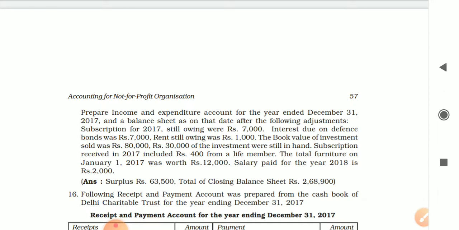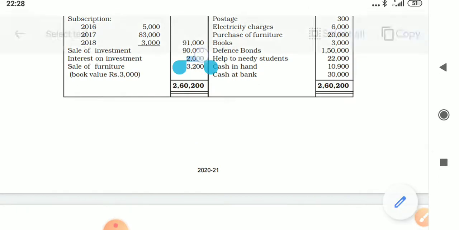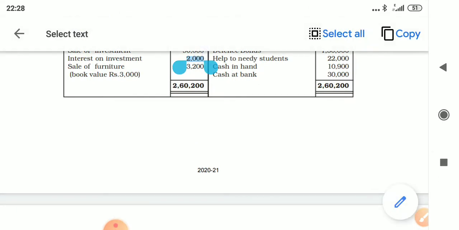Subscription, interest due on defense bond, rent still owing, the book value of investment still in hand, subscription, total furniture, salary paid. Okay children, nothing regarding this interest is given in the adjustment. So this interest on investment 2000 will appear in the income side of income and expenditure account.